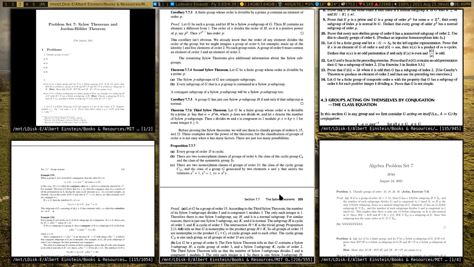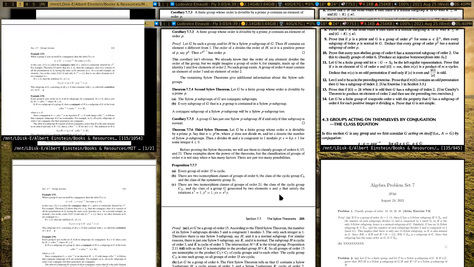So we know that K, since its order is the square of a prime, has to be abelian. So K is either Z9 or Z3 cross Z3. Is Z3 cross Z3 isomorphic to Z9? I don't think so. It doesn't have any elements of order 9.